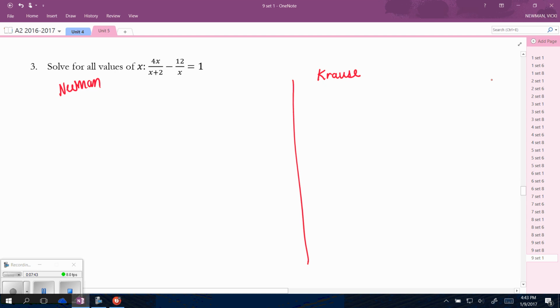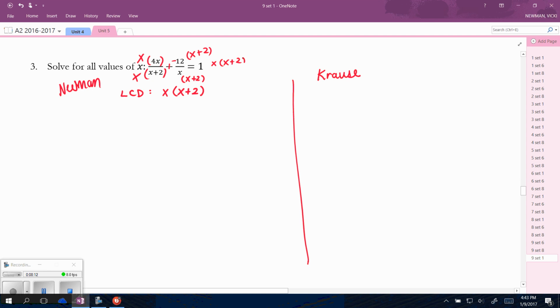So, my people, you want to do plus negative 12, okay? We know that the least common denominator here is x times x plus 2. So, the 4x needs to be multiplied by x. The negative 12 over x needs to be multiplied by x plus 2. And the 1 needs both, right?